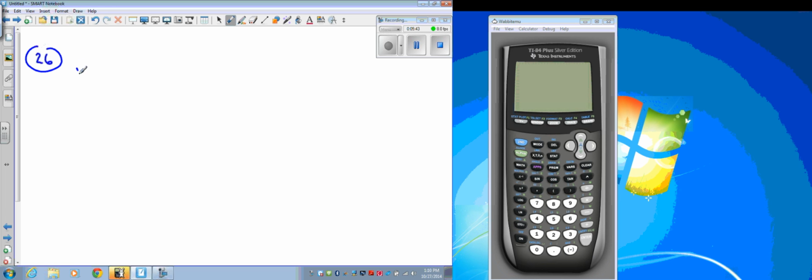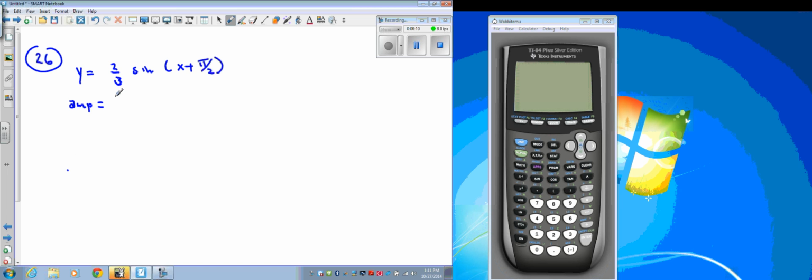So you have y equals 2/3 sine of x minus pi over 2 plus. Okay, so the first thing is amplitude, and the amplitude is going to be what?